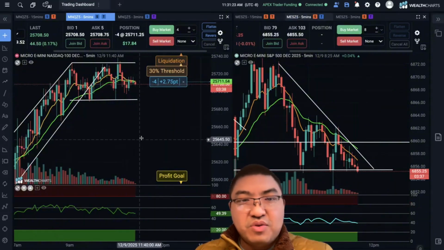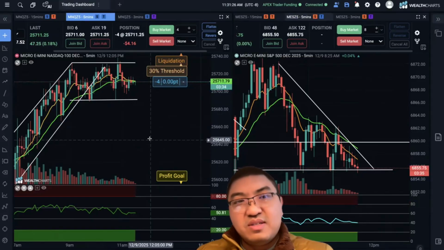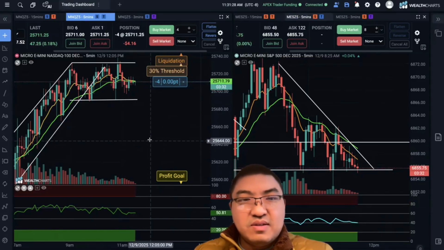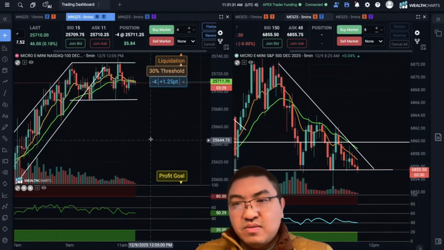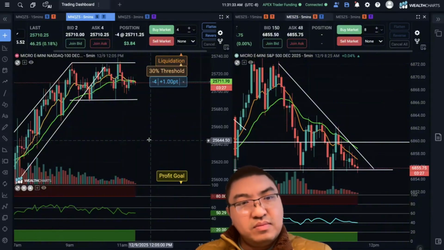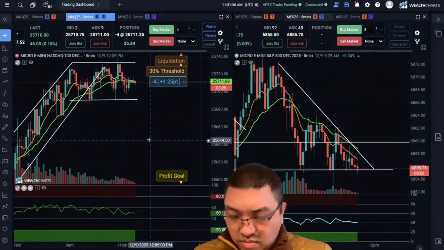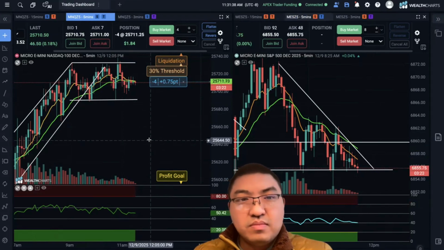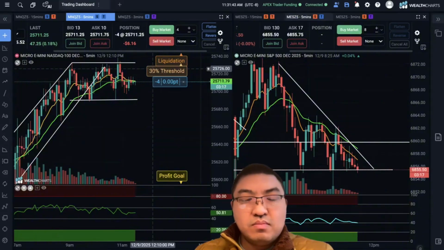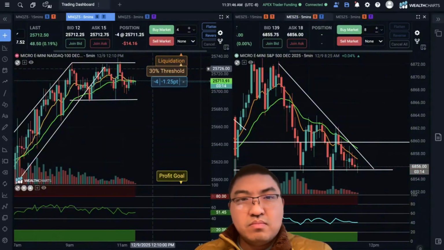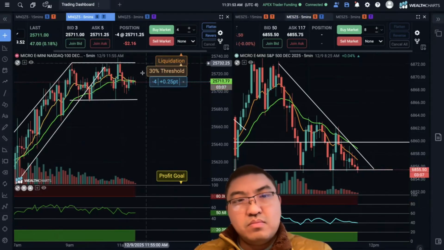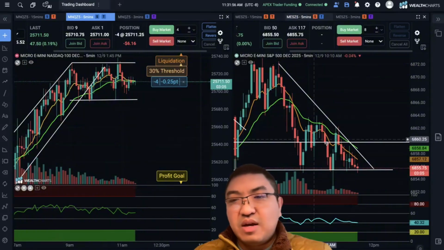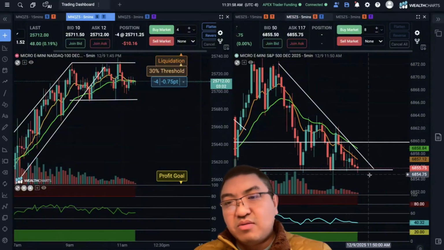So NQ will follow, hopefully. See, it's always in the sideway, while ES just keeps going down, down, down.